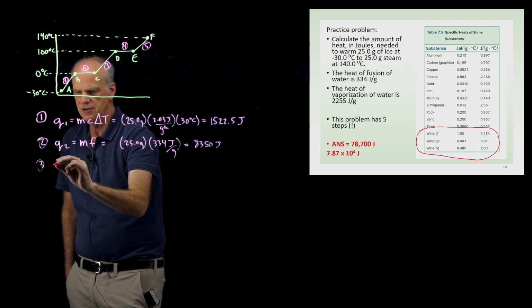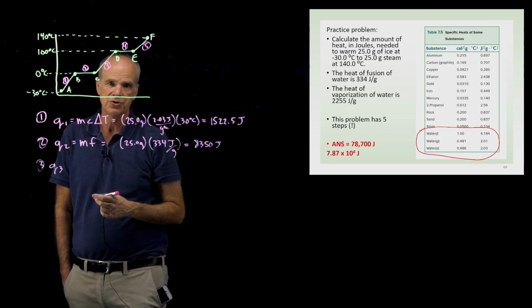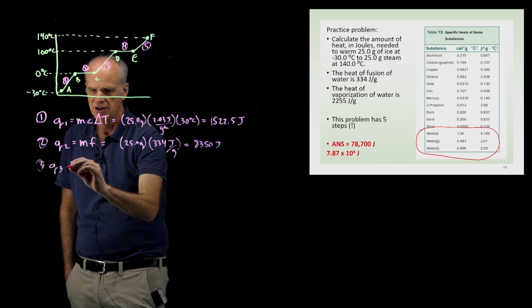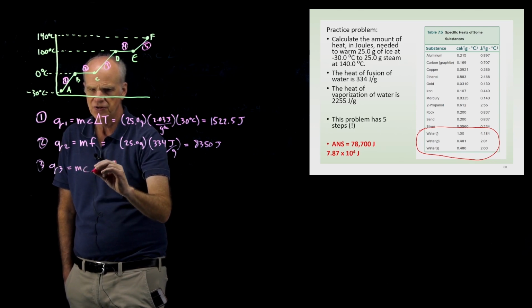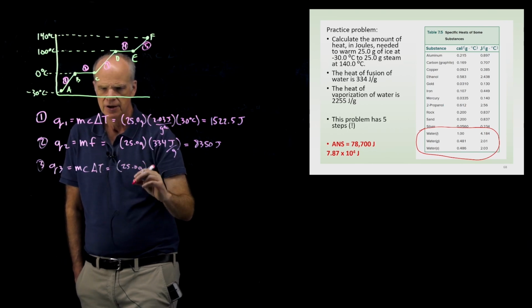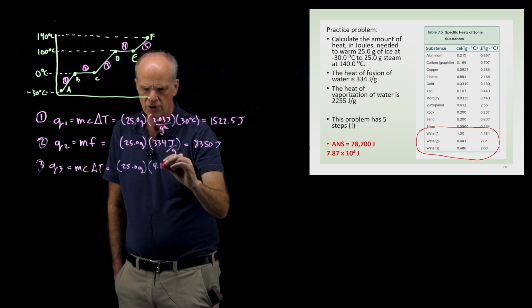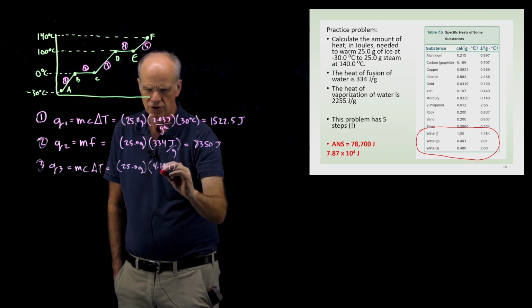Okay, so the next step is the third part here. So here we need to figure out the heat needed to raise 25 grams of water from 0 degrees to 100 degrees Celsius. So again, you need m times specific heat of the liquid water times the temperature change. So again, it's 25 grams. Specific heat of water, you can look up. It's 4.184 joules per gram degrees Celsius.